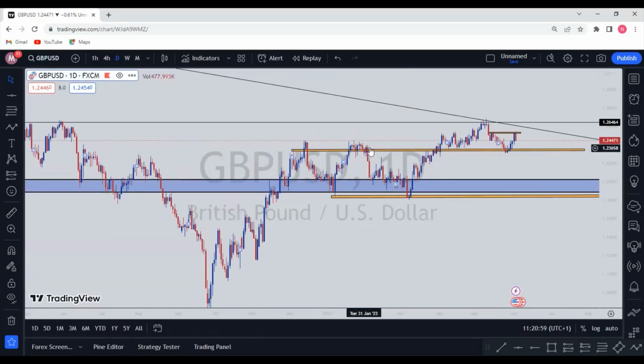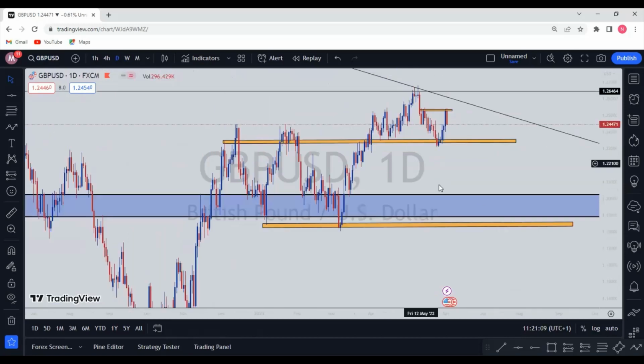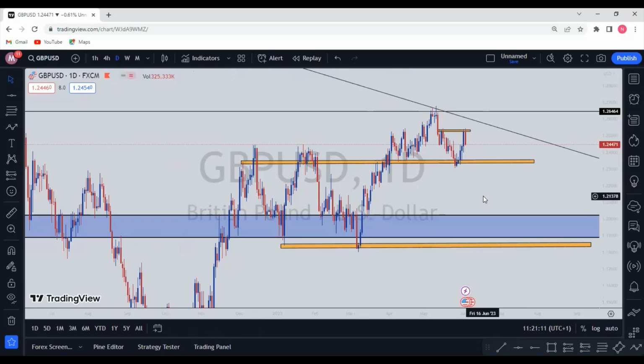On the daily time frame, I have this zone right about here. What the market did was, and I actually called this on my Telegram channel when we were right about this candle here, I said if the market can sustain below this green bar, below this yellow bar, our next level target is here.